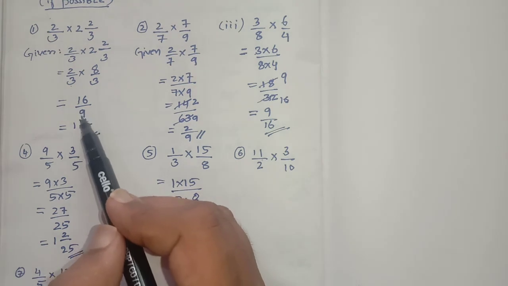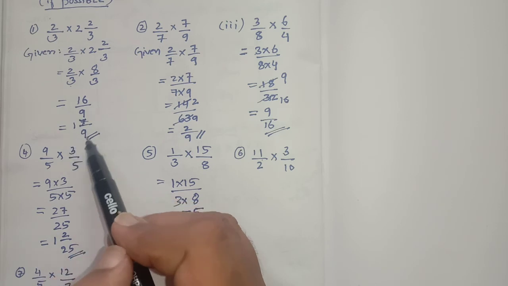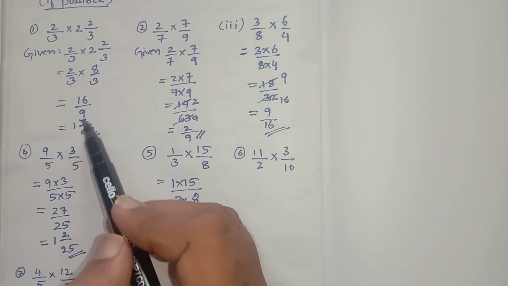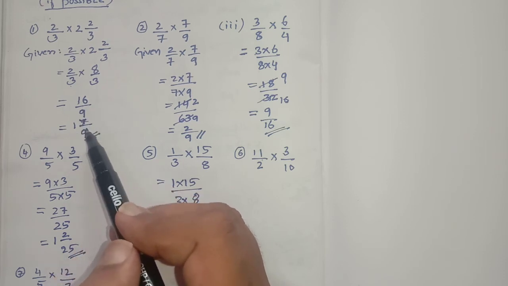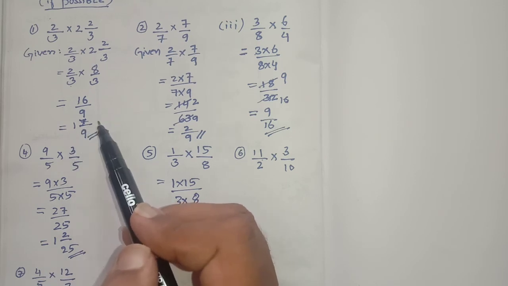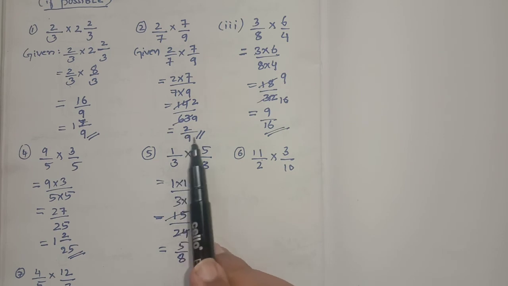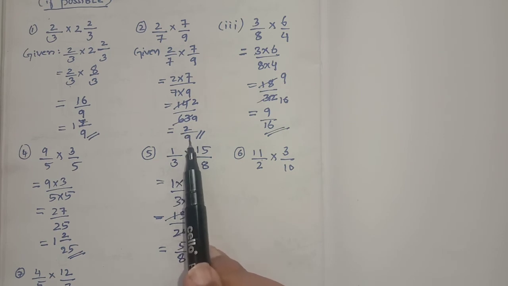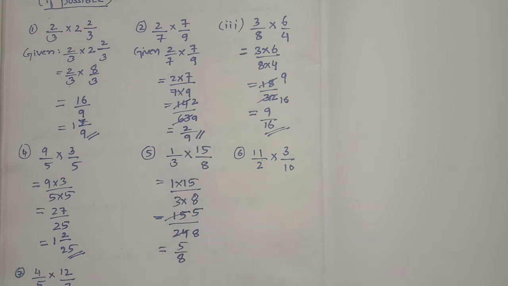If denominator is less than numerator, we convert it into improper fraction. Otherwise it is not possible, student. Like here 2 by 9, denominator here is greater than numerator, so we cannot convert this into improper fraction.